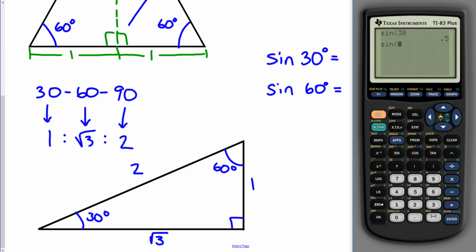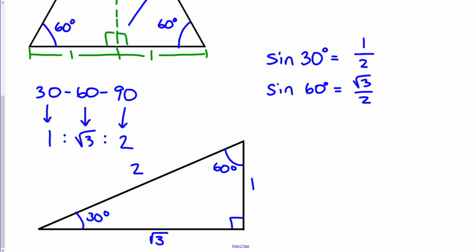If I do sine 60 degrees, I get 0.8660, and it goes on for a while. But let's see what happens if I calculate the square root of 3 divided by 2. I come up with the exact same number. So this is working out as expected here.